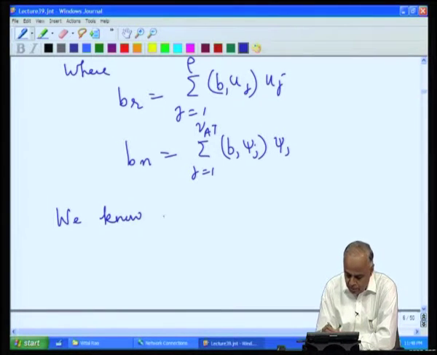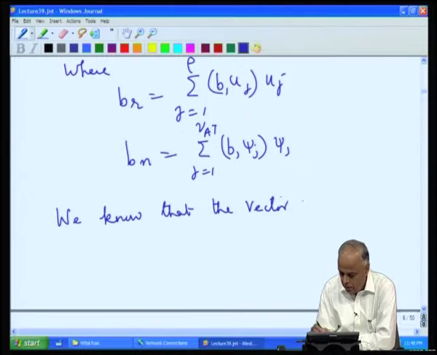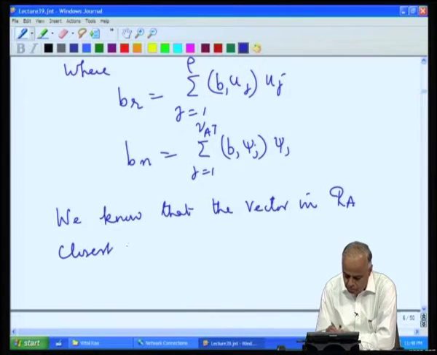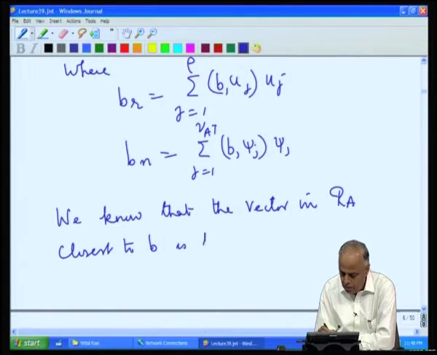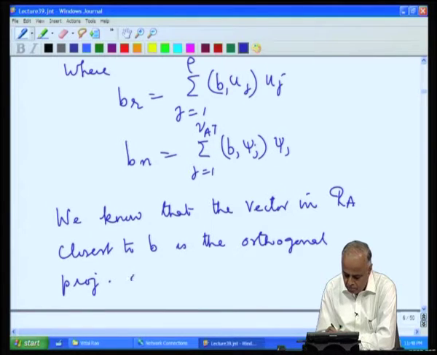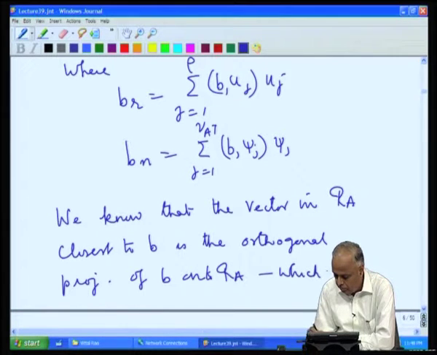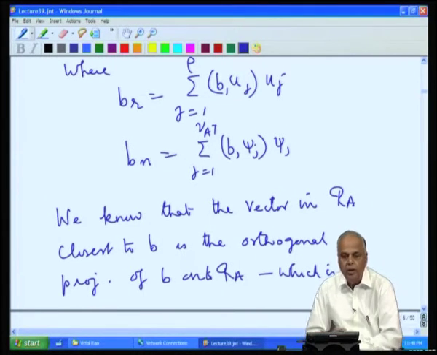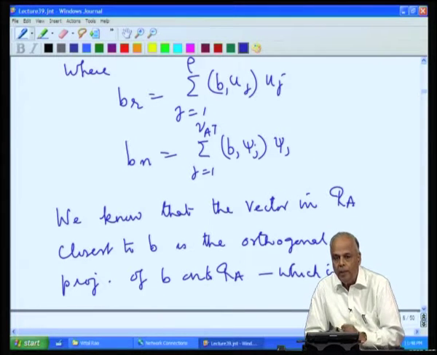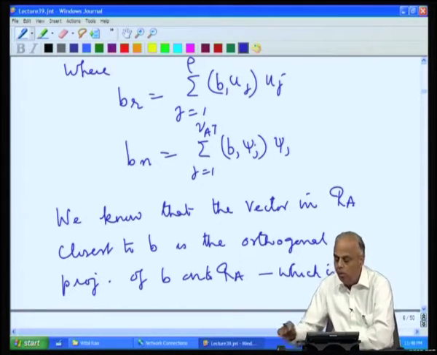We know that the vector in the range of A closest to b is the orthogonal projection of b onto the range of A, and which is b_r. So, therefore, we are trying to make Ax_l go to b_r.